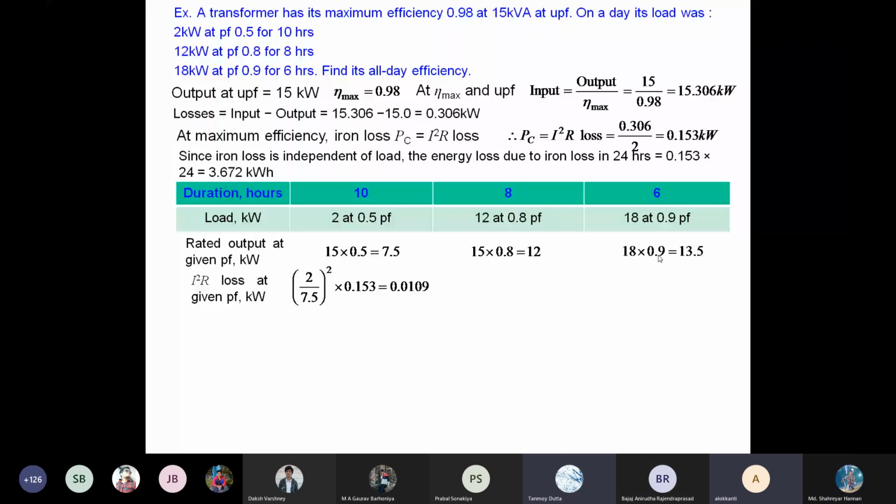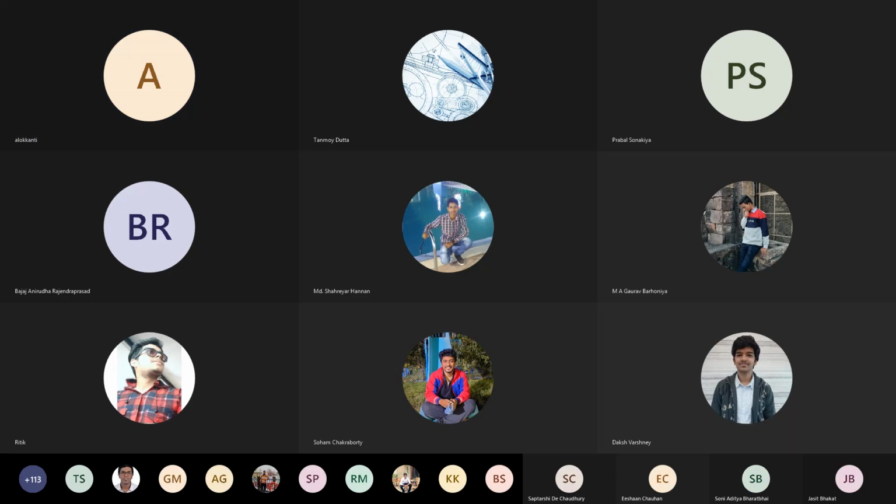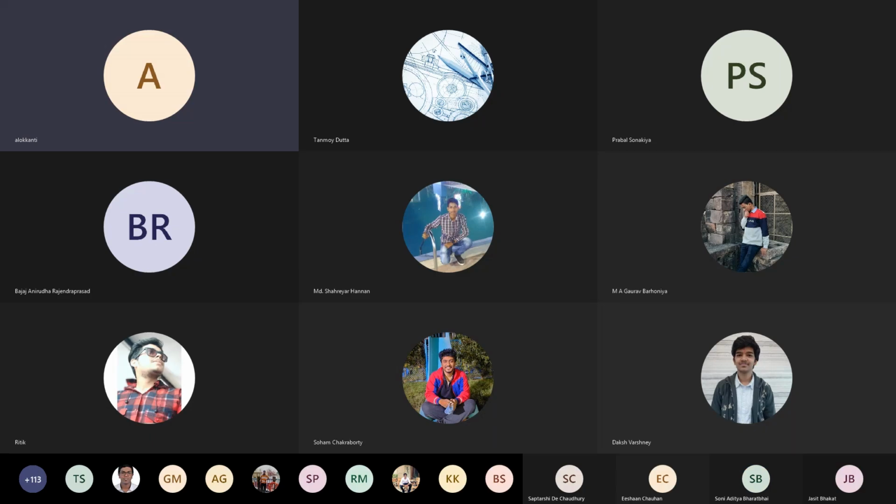It should be 15 into 0.9 to give 13.5, because 18 into 0.9 is around 16.2. Oh, yes. Okay, I'll correct it later. The transformer rating is 15 only, it cannot be 18.